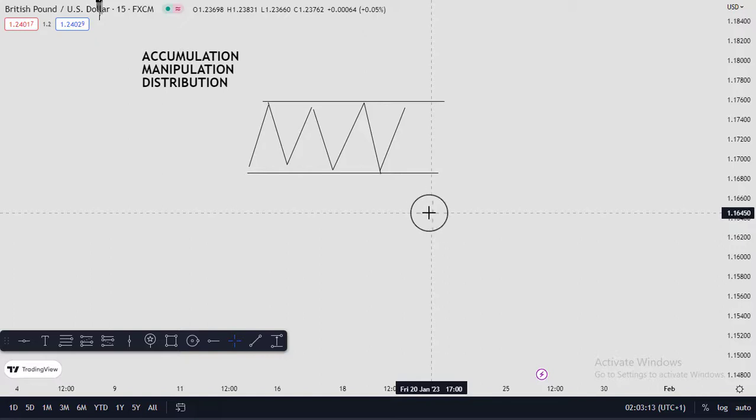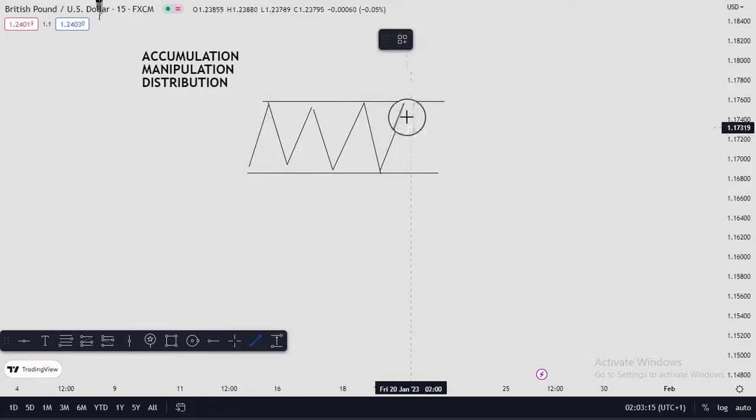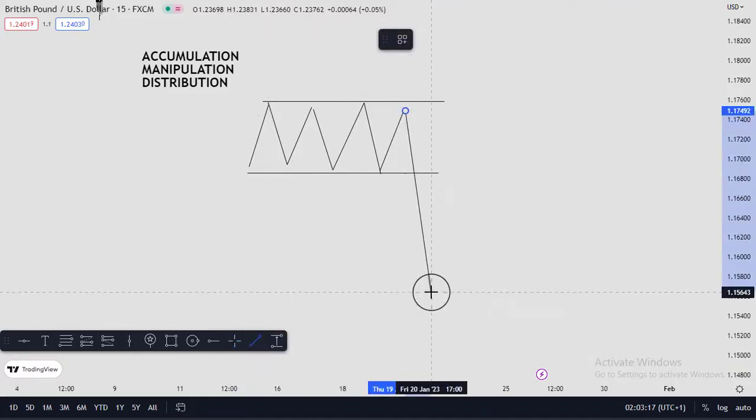So from the 0 GMT time period, we need to see price create a protractionary move or a manipulation leg.